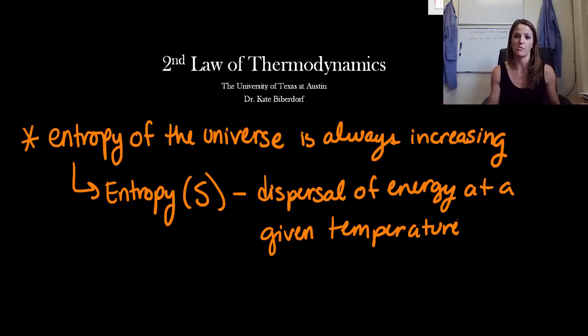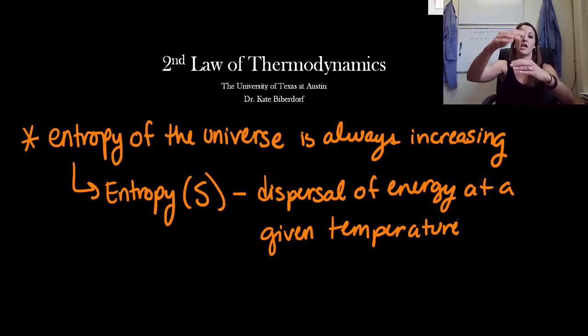Now, why are we talking about this? What does this have to do with combustion and power plants? Well, essentially, remember when we said that the power plants are not 100% efficient? The second law of thermodynamics 100% supports that. It is simply saying that it is not possible for a process like that to be 100% efficient because it is always losing energy as a form of heat. So when you go from potential to kinetic energy, boom, you lose some energy as heat.